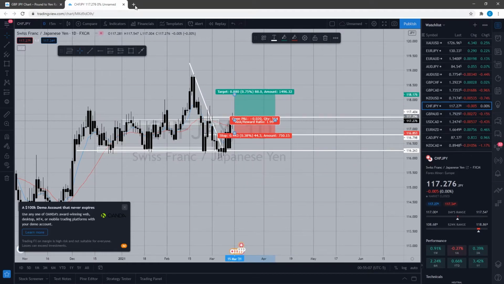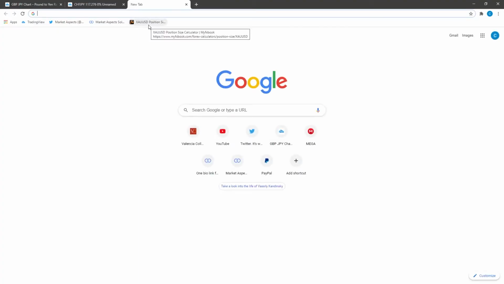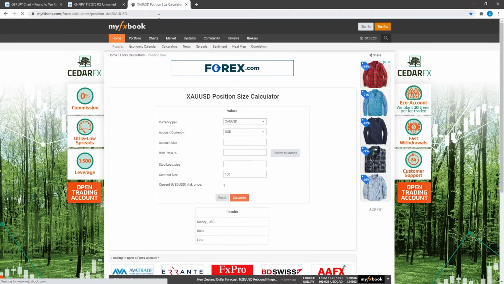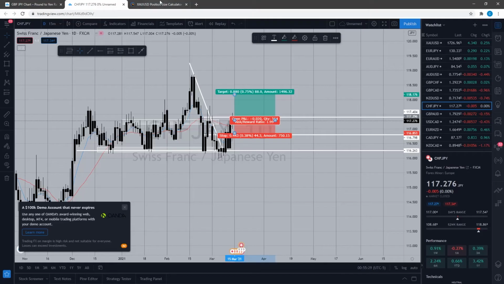So for the next part, I'm going to show you how to calculate your pips for your lot size, so you're only risking a certain amount of your account. We're going to go over to my FX book, Forex Calculators, position size, and this is the gold, but I will put this in the description below as well. So basically you pick your pair.